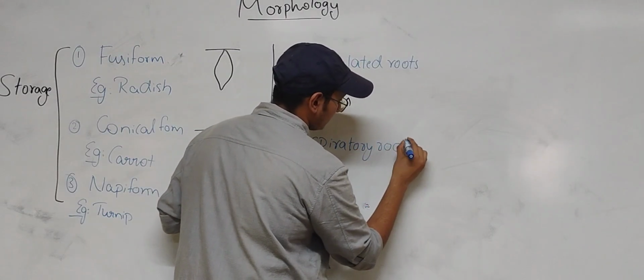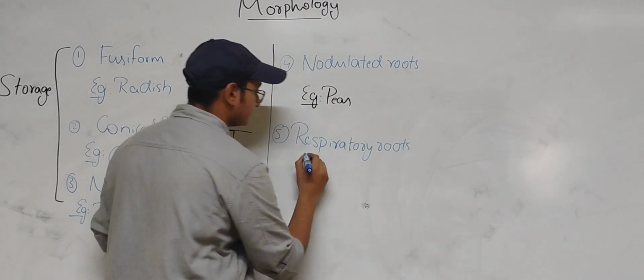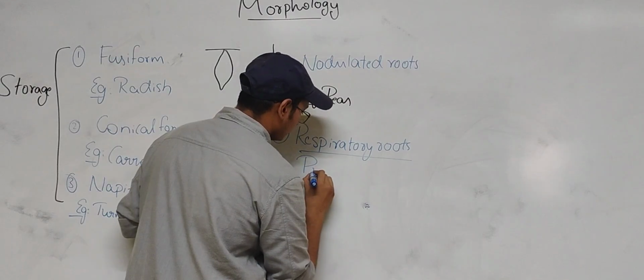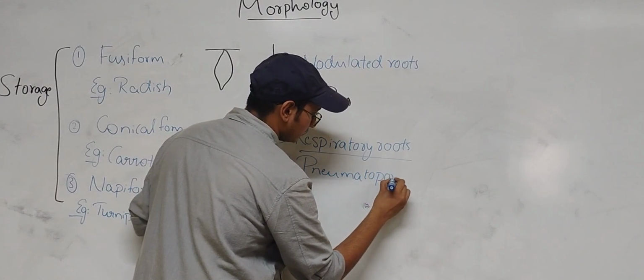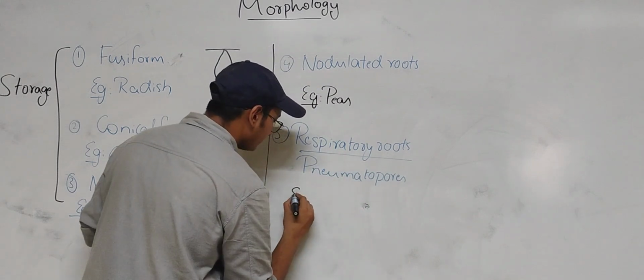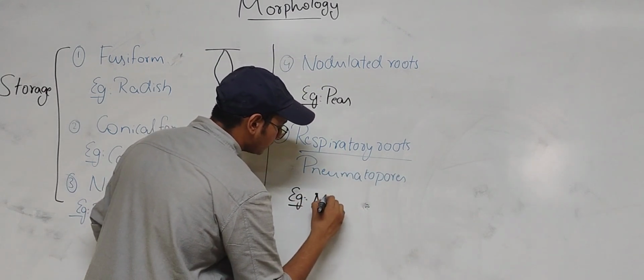Respiratory roots, also known as pneumatophores, we can see in mangroves.